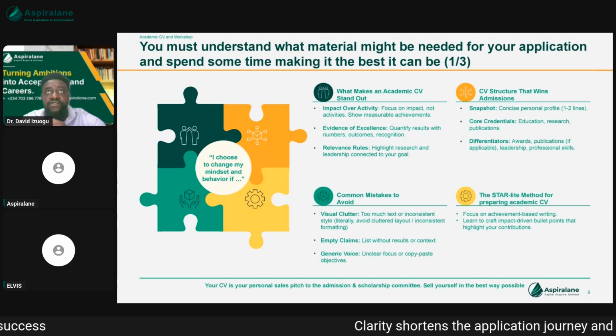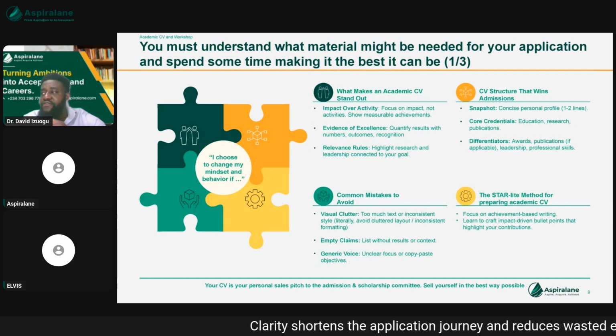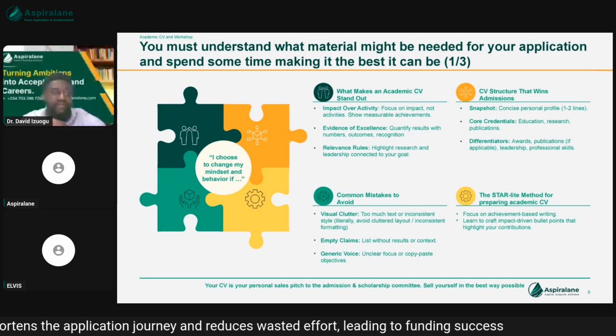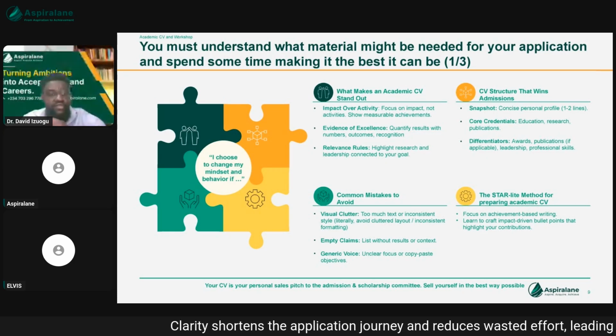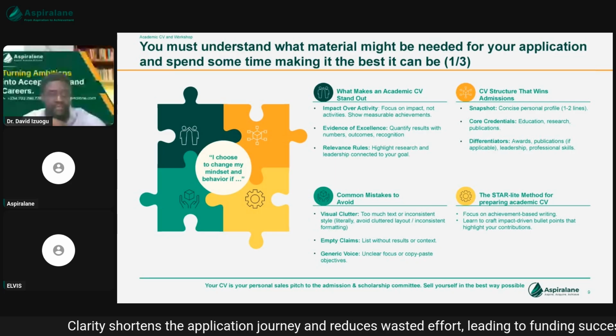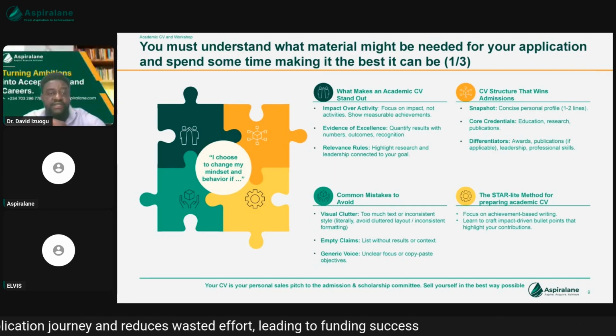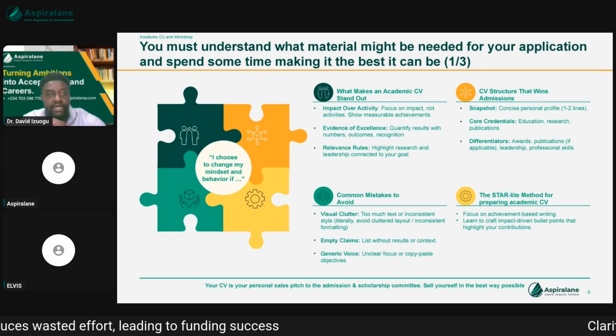Usually hundreds or thousands of people apply for a particular program in a school, and you need to show that you are an exceptional student. And you do that by preparing a very competitive application. And that is where we come in.